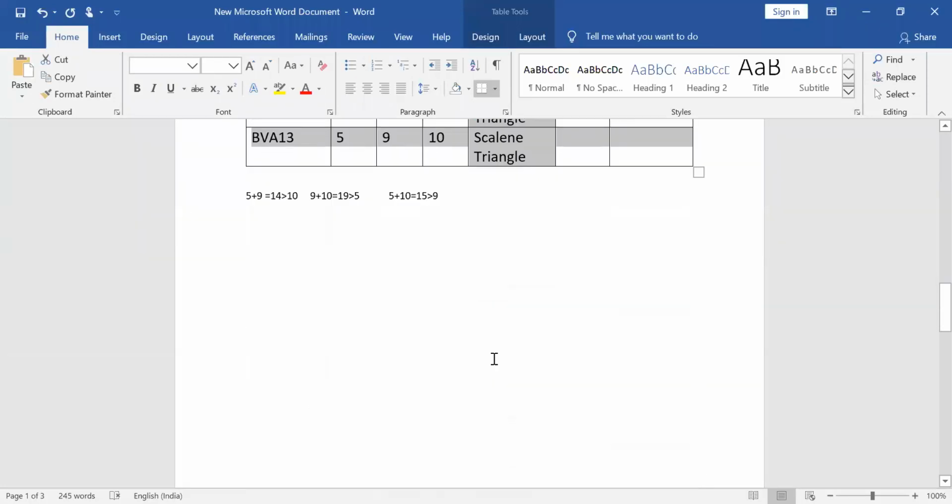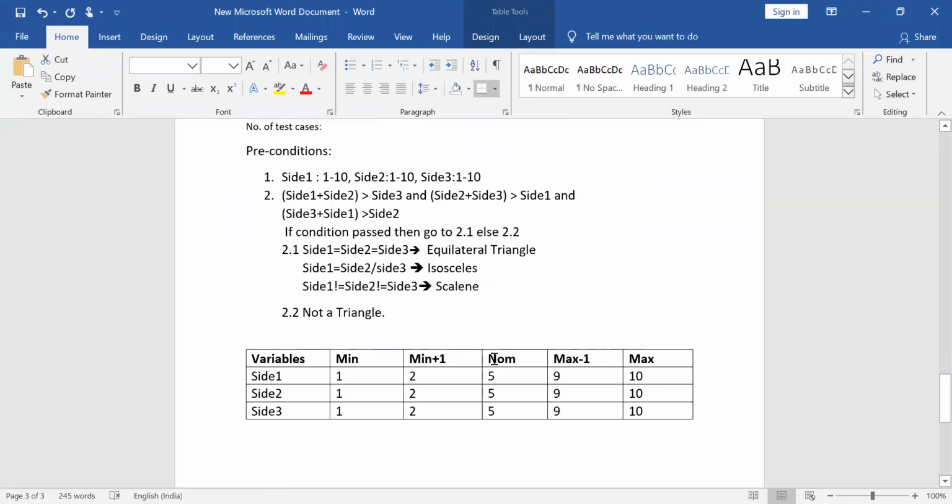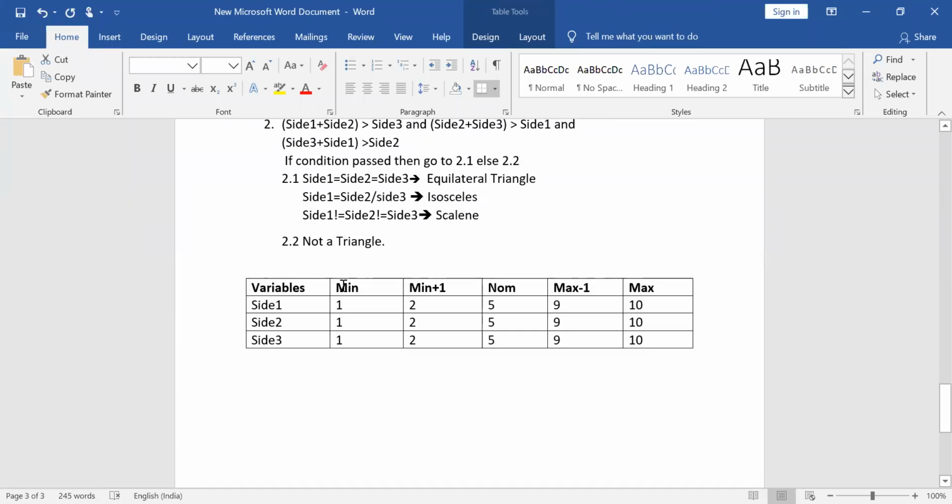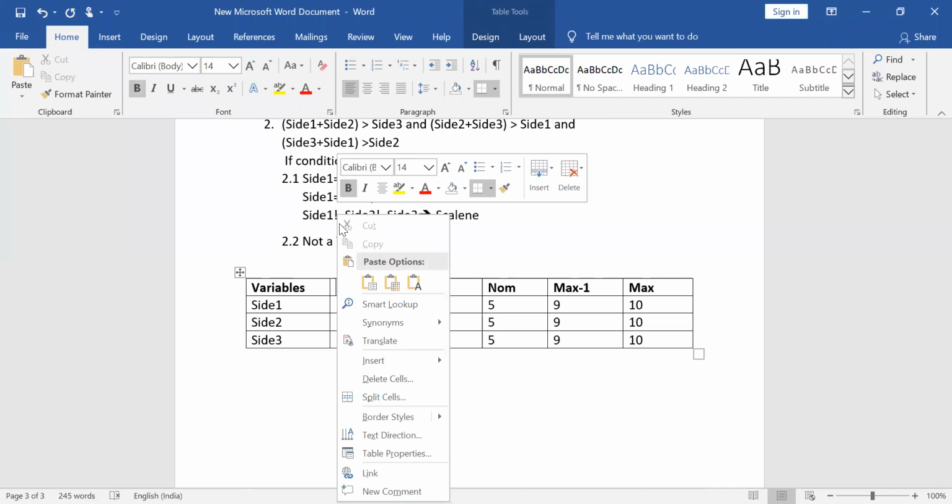Now I'll add one more column here because it is coming below that particular number.